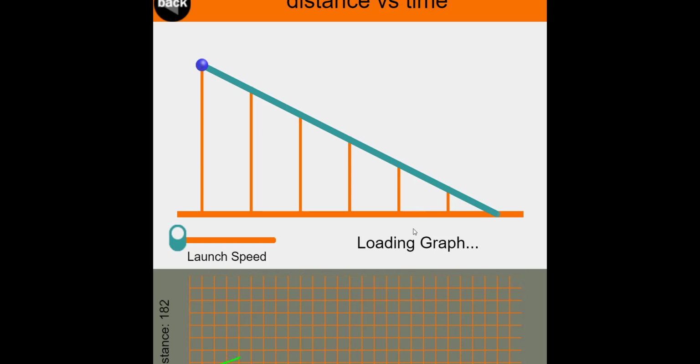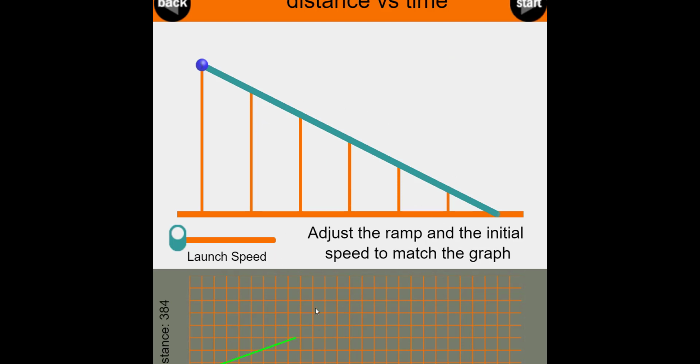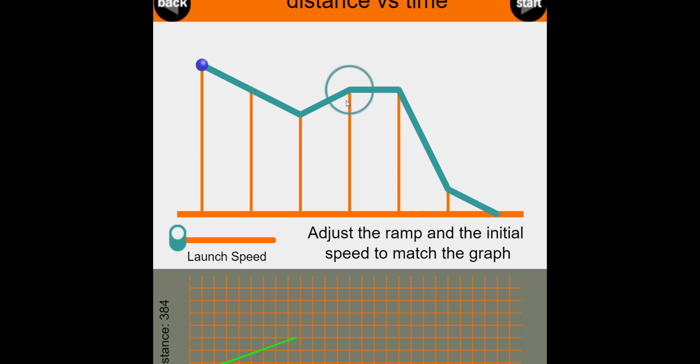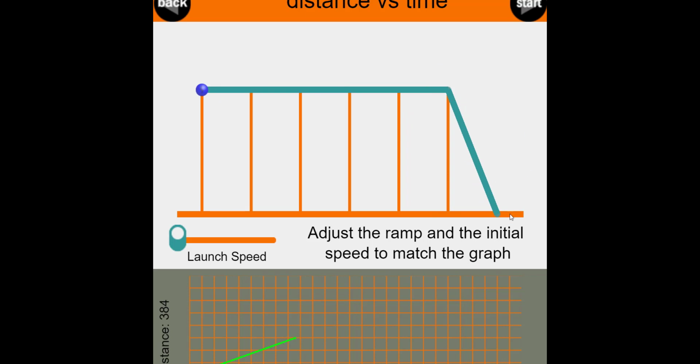okay? All right, so right now, it'll only give me a certain amount of time, but I need to adjust the ramps to be able to create a constant speed situation. So maybe this will give it to me. And again, this is a distance, or really should say position versus time.